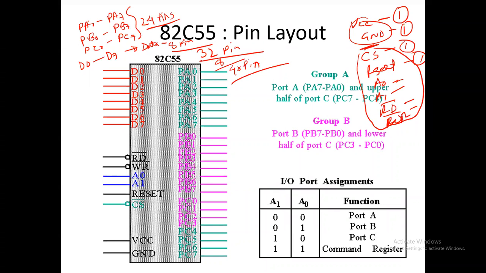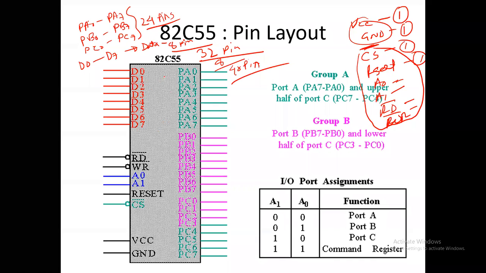So our total pins, these are not sequentially assigned.